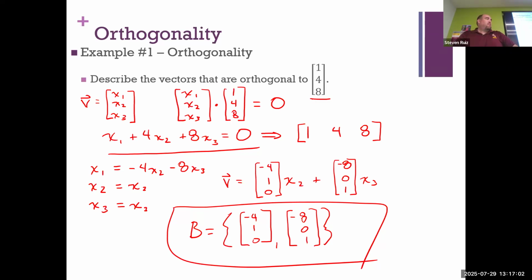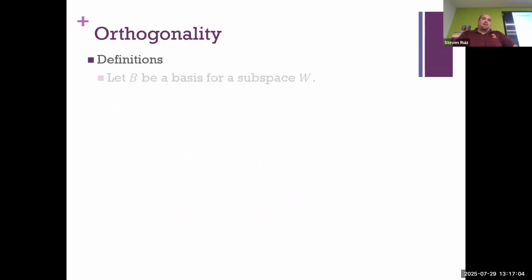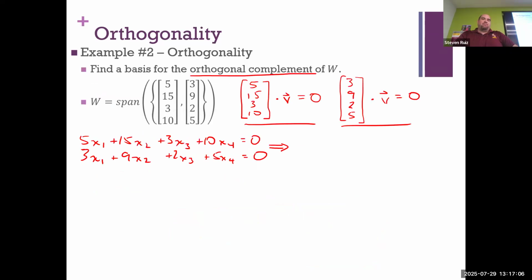But if I give you 1 row, we're already there. So I think having the 1 vector last time basically freed us from doing that. I think we need to reduce this one though. So let's write it as a matrix. 5, 15, 3, 10, 3, 9, 2, 5.